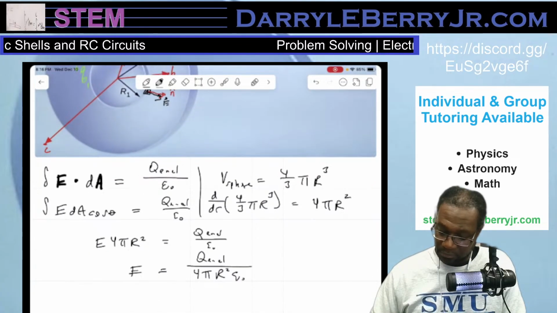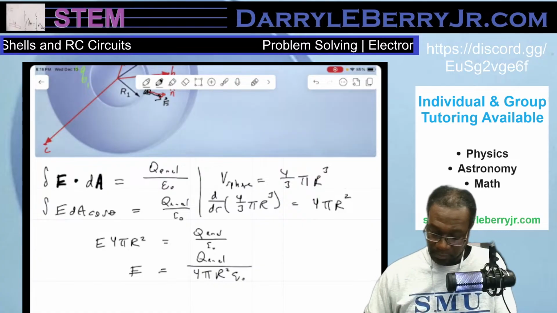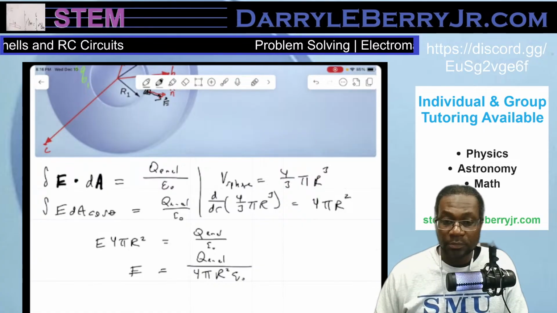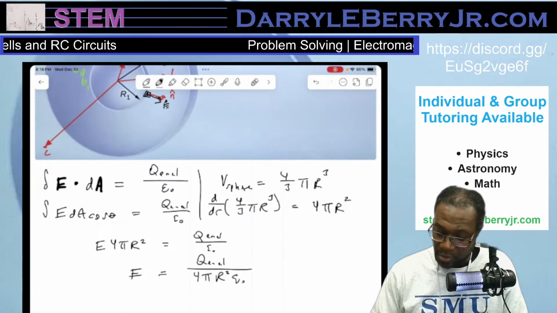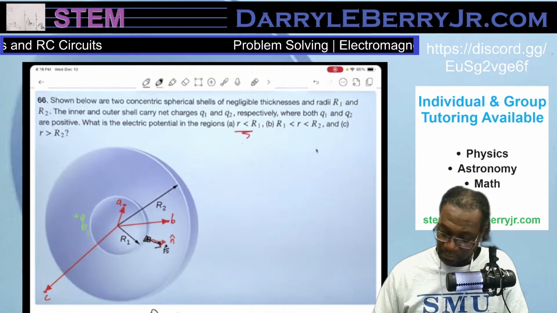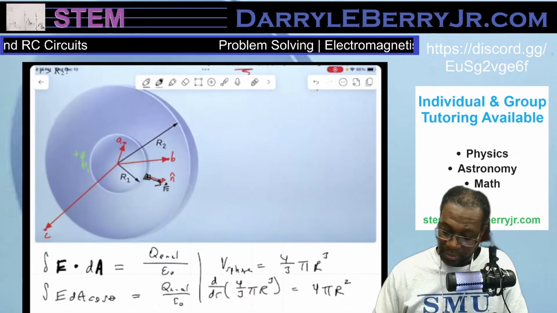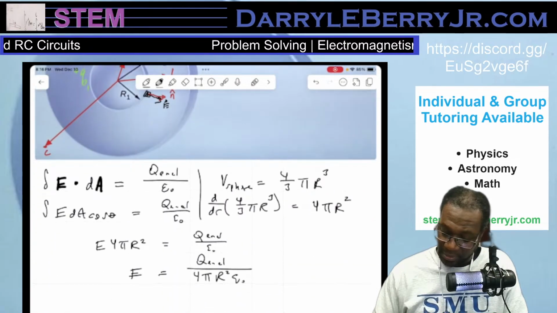Now, if we look at the charge enclosed, that will change depending on which sphere we're looking at, which position we're looking at.